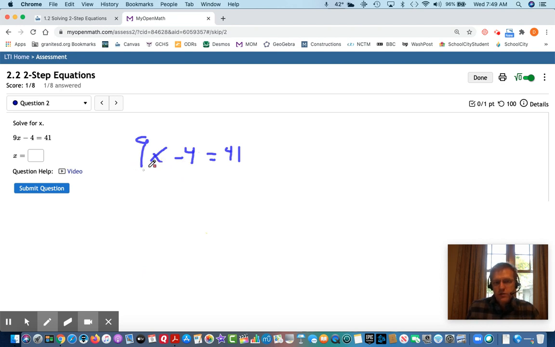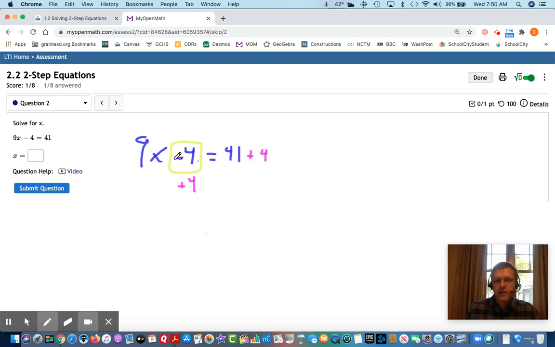So you could choose to move the 9 first, or you could choose to move the minus 4 first. I would recommend to you that you start with the adding and subtracting first. You could start with the 9, but if you do, you're going to make fractions. So let's start with the adding and subtracting first. So to do that, we're going to add 4 to both sides.